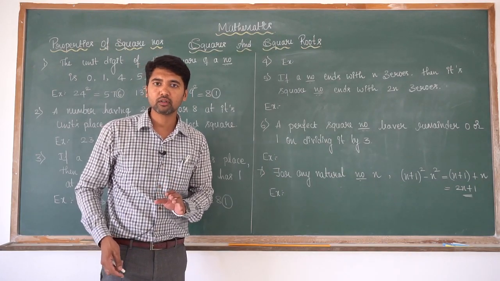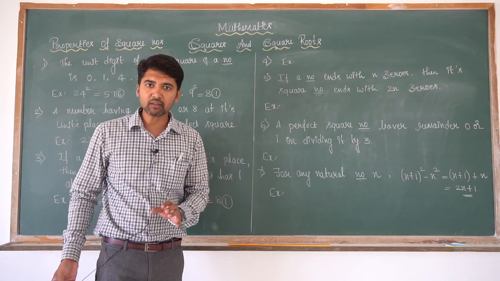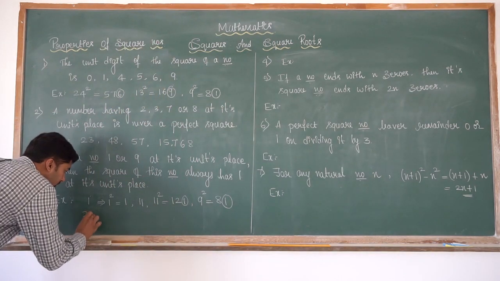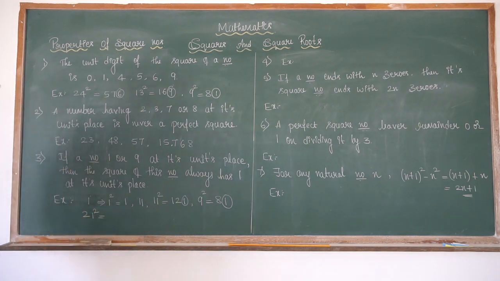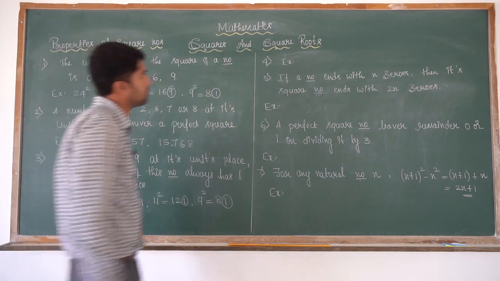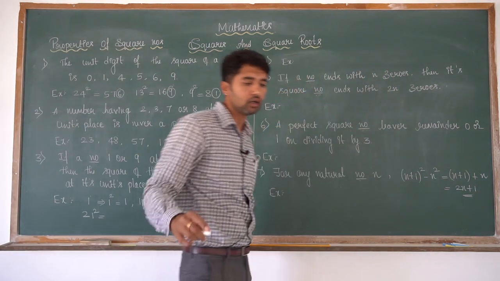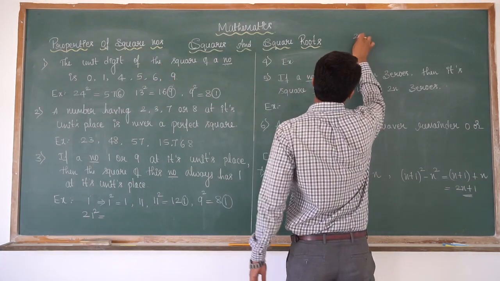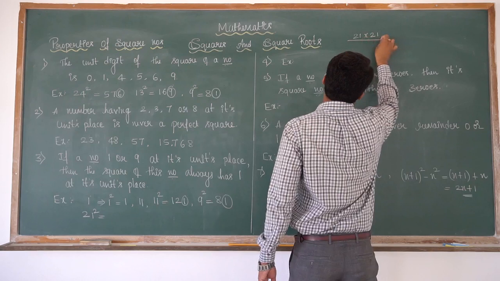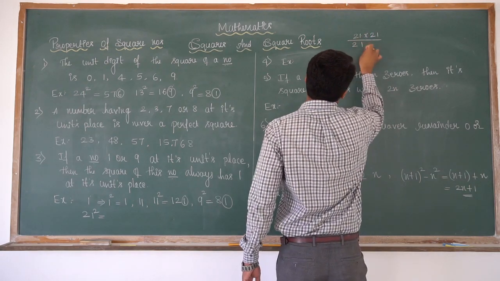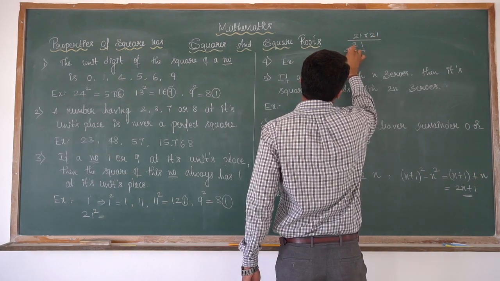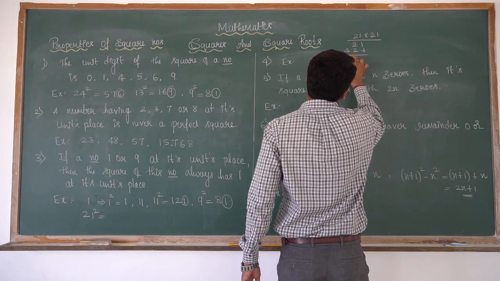Any doubts? Shall I give you one more example? 21 into 21, how much? 21 square. What value will it come? Let me check. I forgot actually. 21 square is around 421 something, let me check. 1 1s are 1, 1 2s are 2, 2 1s are 2, 2 2s are 4. 441.